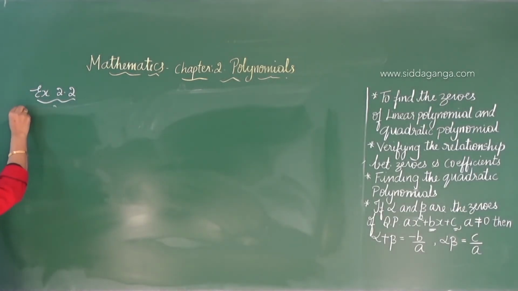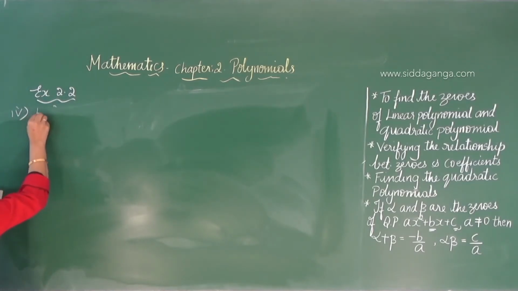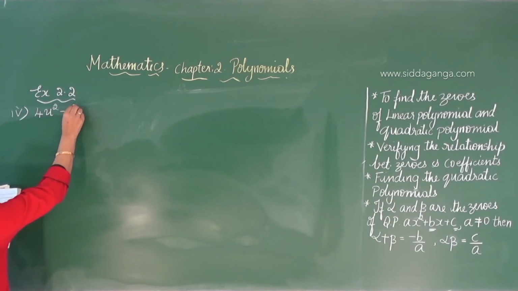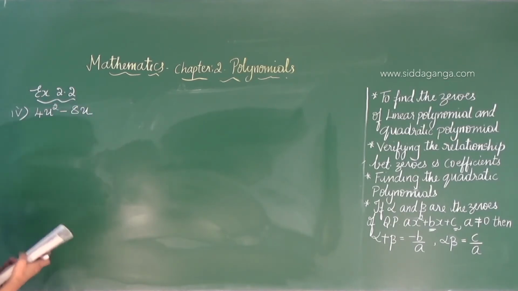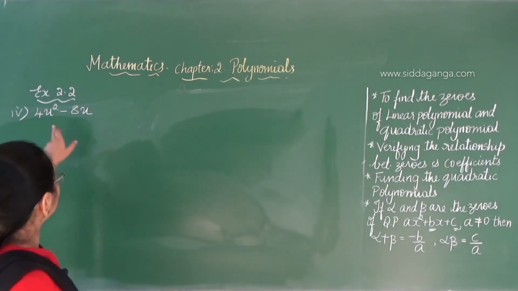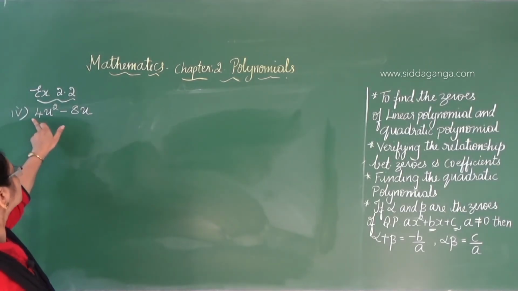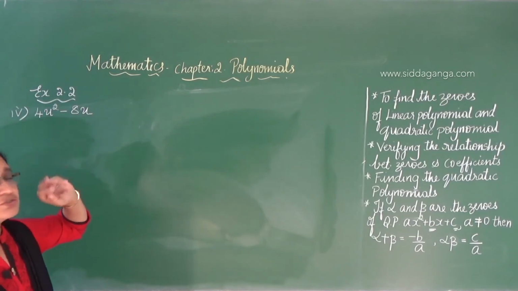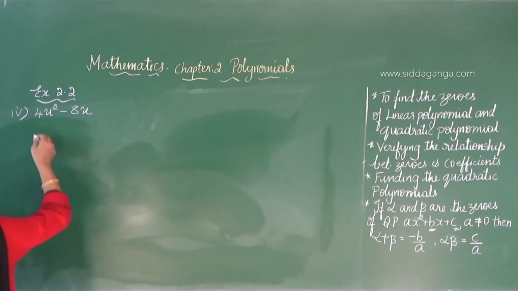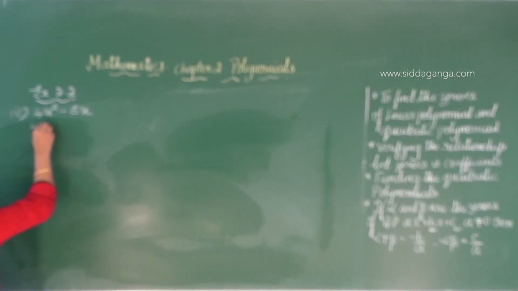See the fourth one, 4u square minus 8u. Now just observe, what is common here? u is common and also 4 is common. So you can take out 4u.